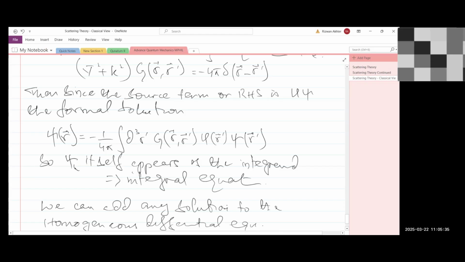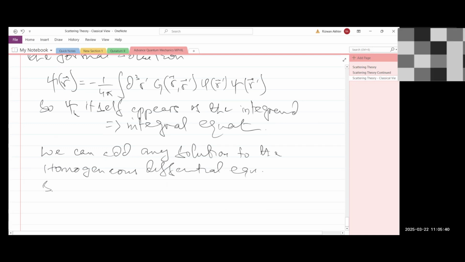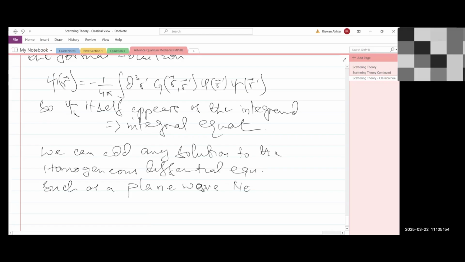Such as, we can in fact add a plane wave, that is n, some constant representing the number of incoming particles, times e to the power iota k dot r. So we can add this, and we do not disturb the integral equation.